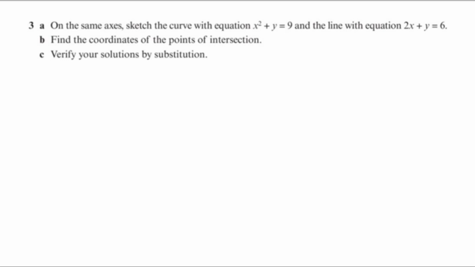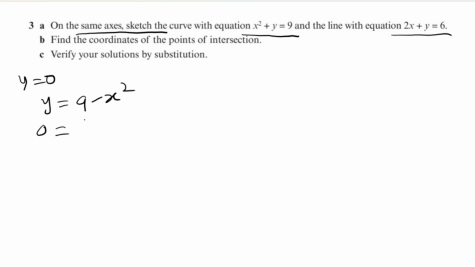Question number 3. On the same axis, sketch the curve with equation x squared plus y is equal to 9 and with the equation 2x plus y is equal to 6. So for this, first I am putting y is equal to 0. So I can say y is equal to 9 minus x squared. 0 is equal to 3 squared minus x squared.